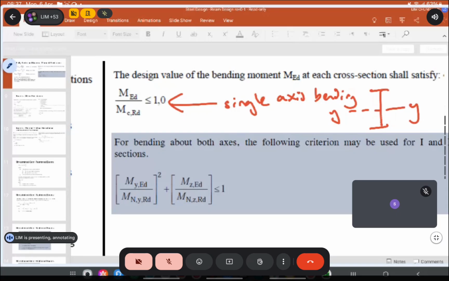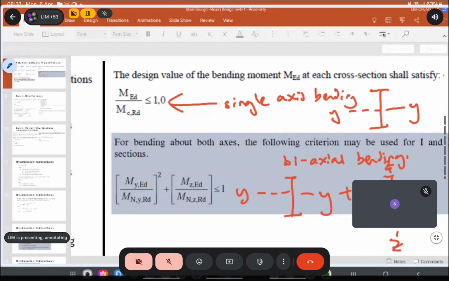Now, in some cases, your beam may be subjected to biaxial bending, meaning you have bending about the y-axis and also bending about the z-axis, y and z together.